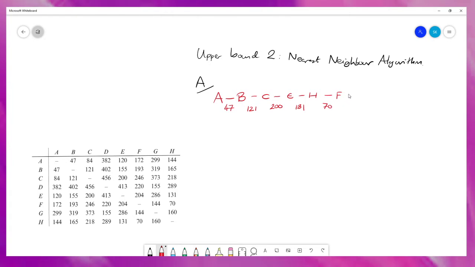We've not got many more to choose. We've either got D or G, so we're on F. D is 220, G is 144. And then we have to go to D.